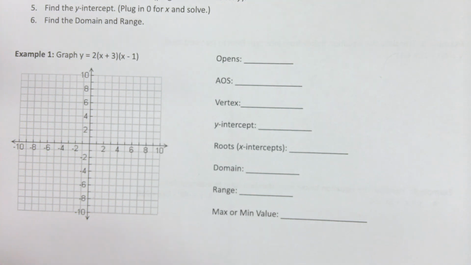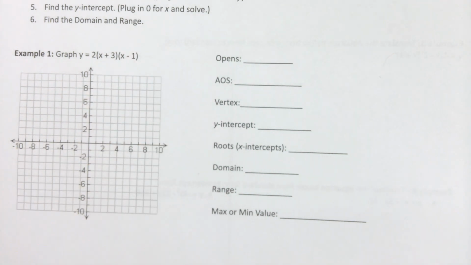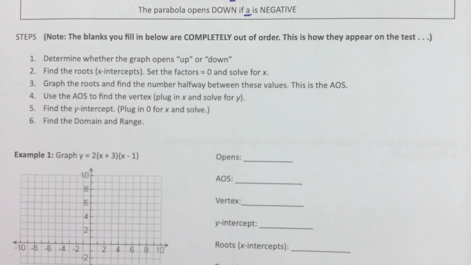The reason I didn't rearrange the blanks to fit the order I'm going to do is because on the test, they're going to be in this order. If I teach you one way but then test you a different way, that's going to throw some of you off. So that is what the bold is getting at. Note, the blanks you fill in below are completely out of order. This is how they appear on the test. You have to be aware of that.